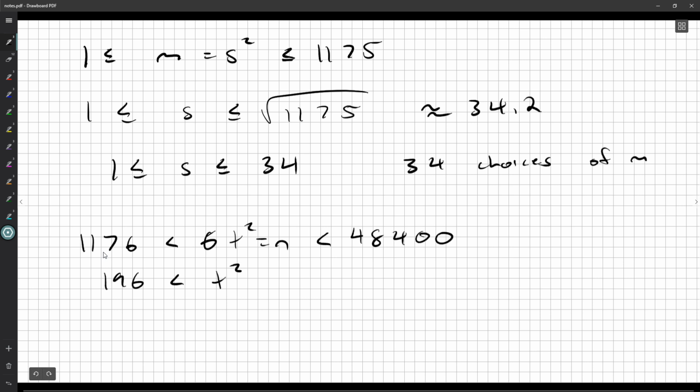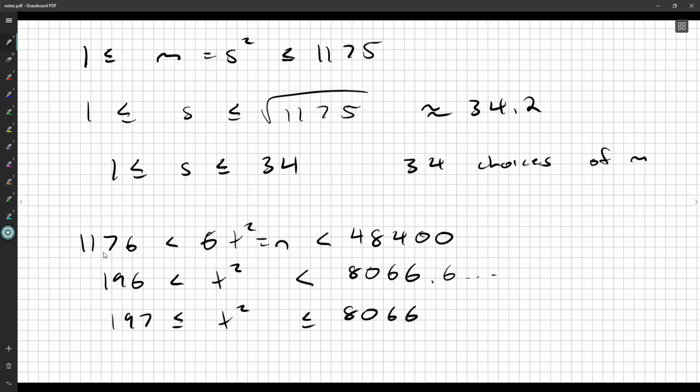If we weren't careful, if we put an equal sign here, we might accidentally get t could be 14, which is not allowed. And then this is not a multiple of 6. So we'll get 197 is less than or equal to t squared, less than or equal to 8,066. And now I just square root both sides.